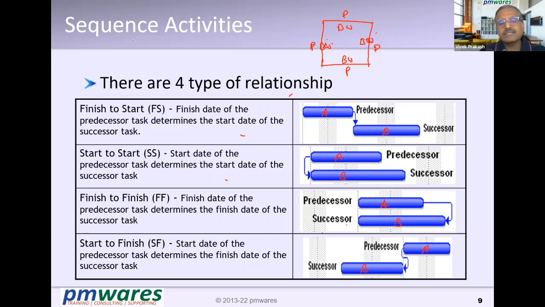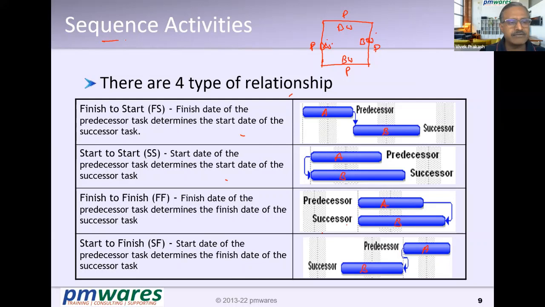So let's consider that it takes 2 days to complete the brickwork of one wall and 1 day for plaster. If I consider that first I will do brickwork and then plaster, then what will happen?